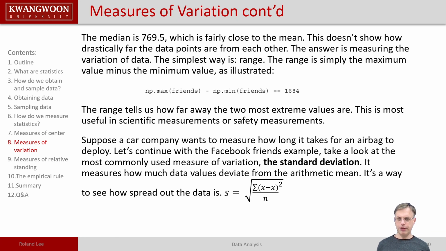The range tells us how far away the two most extreme values are. This is most useful in scientific measurements or safety measurements as well. And then the most commonly used measure of variation is the standard deviation, which measures how much data values deviate from the arithmetic mean.